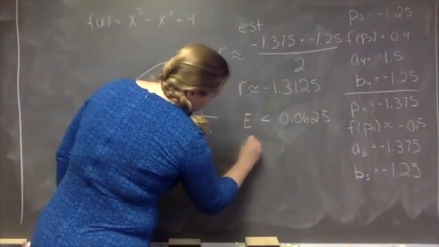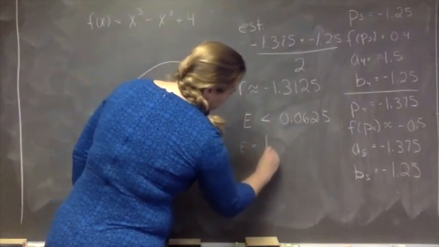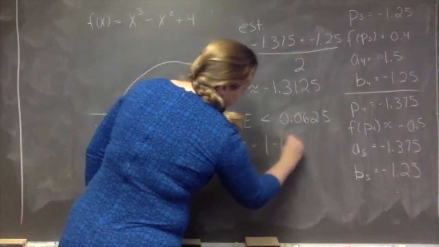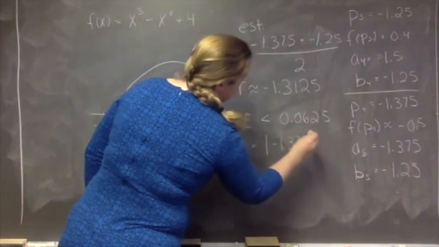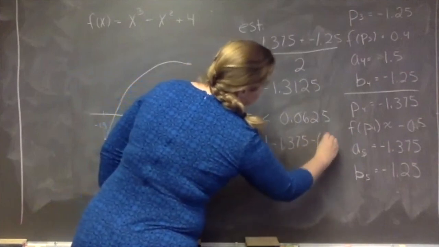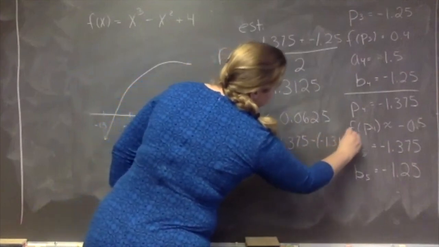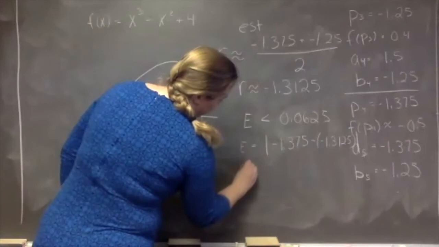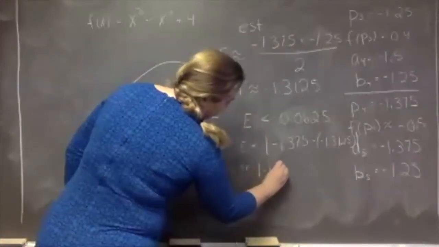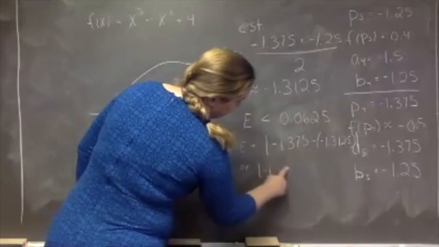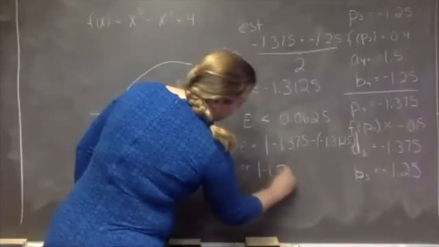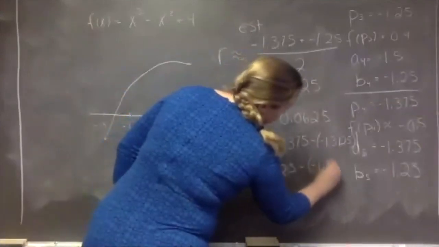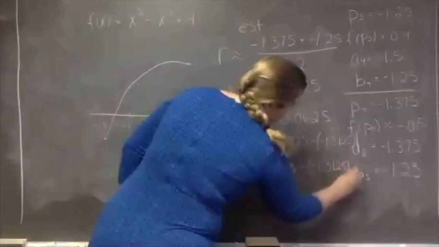So error is, I got it by doing either the absolute value of negative 1.375 minus negative 1.3125, or using B. Okay.